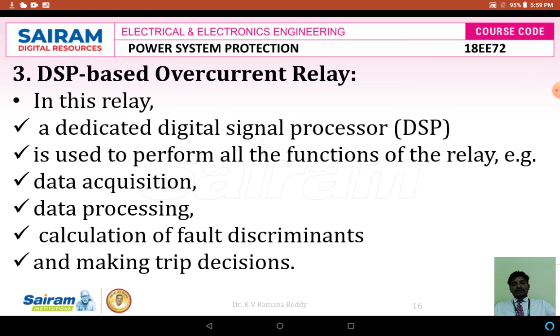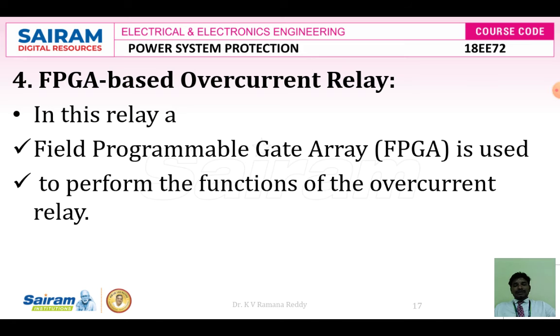For example, in the data acquisition system, we convert direct currents and direct voltages into the form of ones and zeros, and we process this data through various programming and computing techniques. After that, we calculate the fault discriminants, like the actuating quantities of voltage and current, and finally make trip decisions through a command signal generated by the digital signal processor based overcurrent relay. Then we can isolate the faulty section of the system from the healthy section.